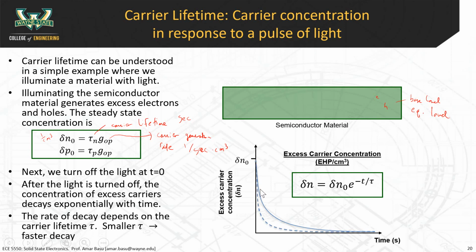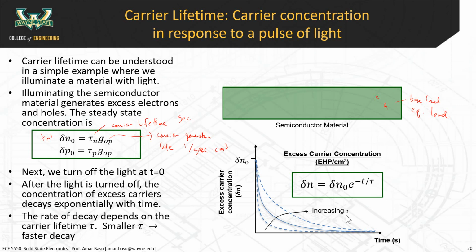So this would be a very fast rate of decay, and this would be a slow rate of decay. This would be where you have a very fast recombination rate, and the second one here would be where you have a very slow recombination rate. And so slow recombination rate means increasing tau. If you have a long carrier lifetime, you have a slower recombination rate.